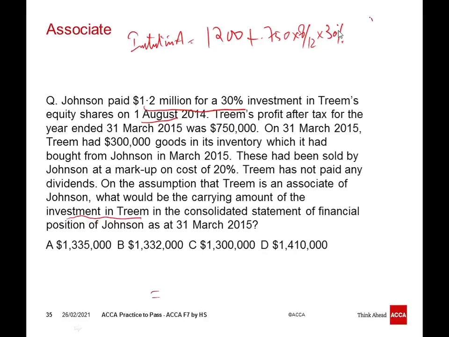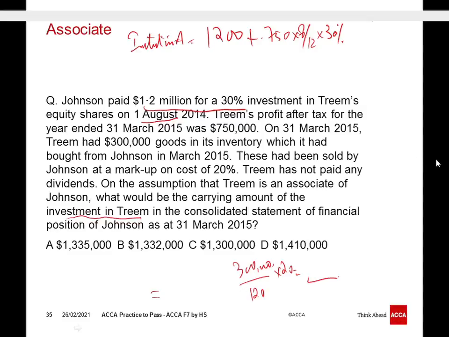On 31st March, Stream had 300,000 goods in its inventory, which it had bought from Johnson. So the associate company has acquired from the parent company inventory having a value of 3 lakh. Markup was 20%, so divided by 120 multiplied by 20. What will be the amount for this? Stream has not paid any dividend.